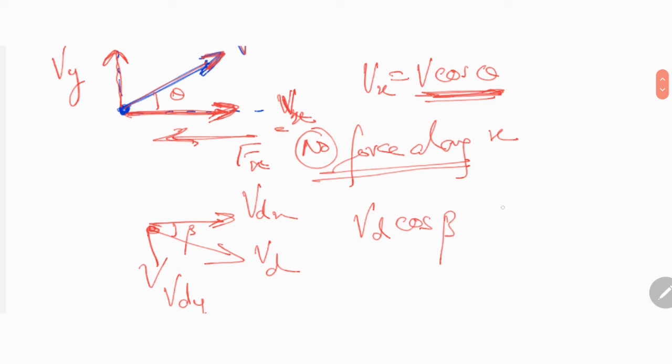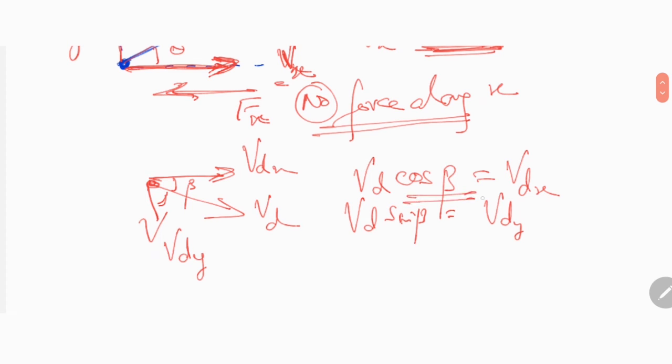If this is beta, then Vd cos beta is equal to Vdx, right? And obviously the component along the down direction will be Vd sin beta, which is equal to Vdy. Now take a look at this. What is the velocity along the x-axis? It is Vd cos beta.